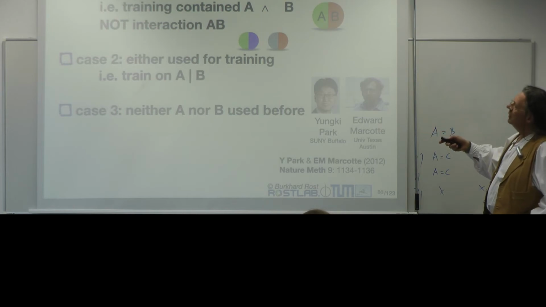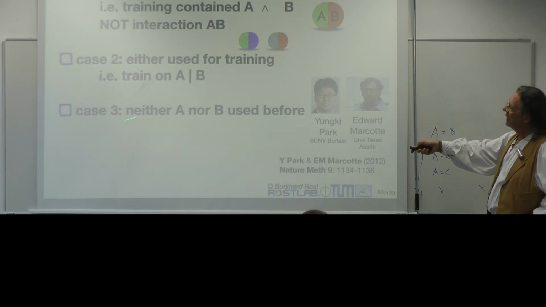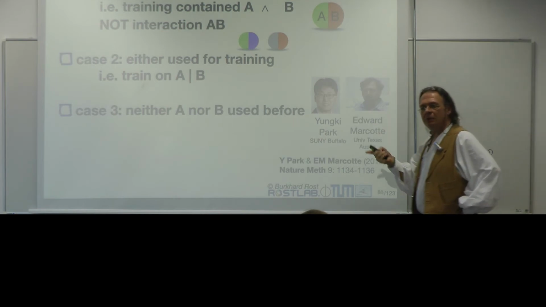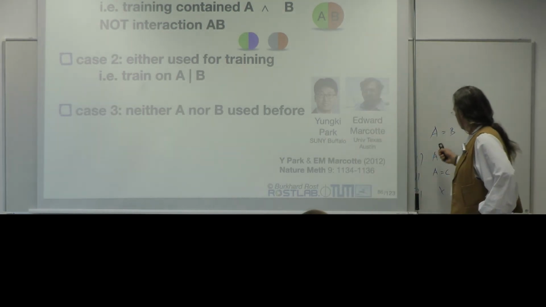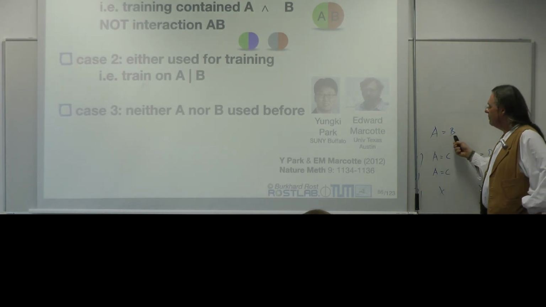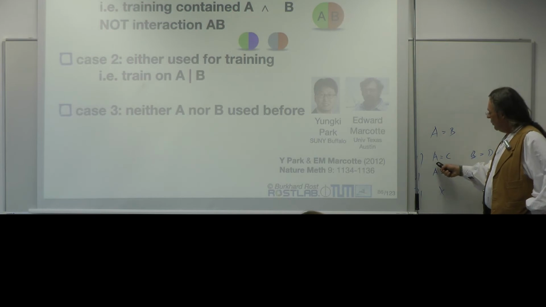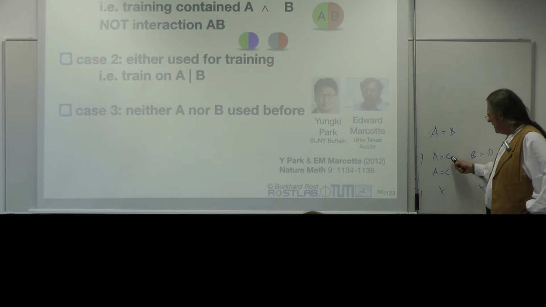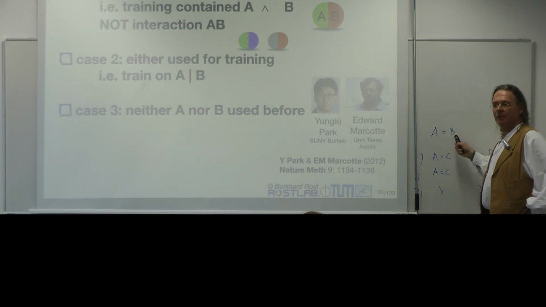They distinguish three cases: case 1, case 2, case 3. These cases depend on the overlap between training and testing sets. Say, you want to test on whether A and B bind. And if you used in your test set A binds C and B binds D, where C and D are different from B, okay?